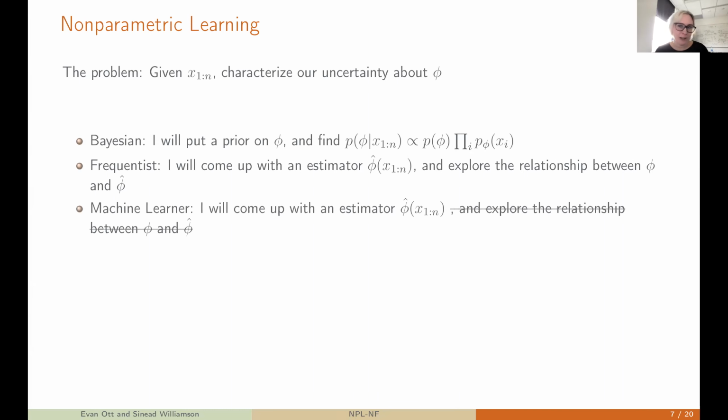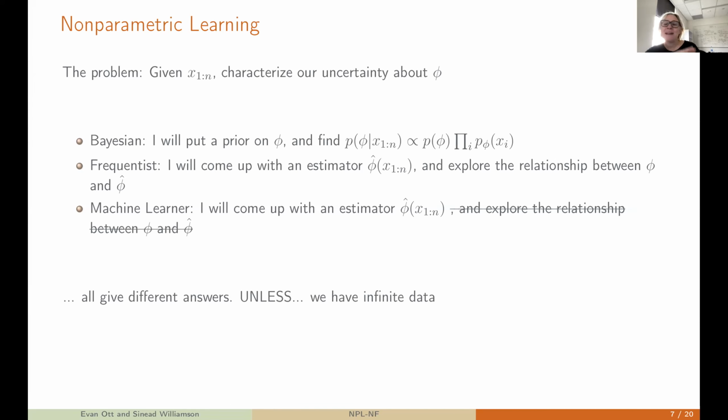I hope the machine learning people on the call will take this in the tongue-in-cheek manner in which it's intended. If I'm a machine learning person, I'll start off with the frequentist approach and then stop when I come up with an estimator. So 3 different ways of doing things, and they all give different answers to the question of how do I characterize my uncertainty about phi.